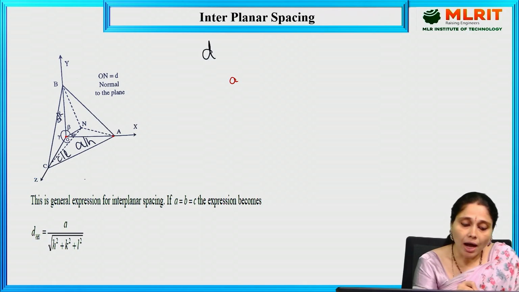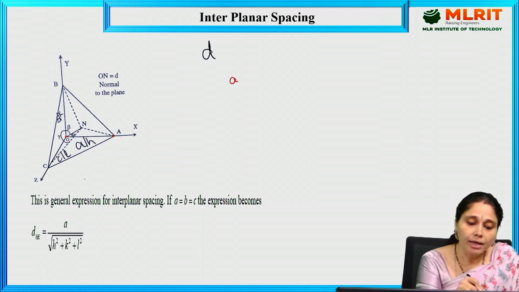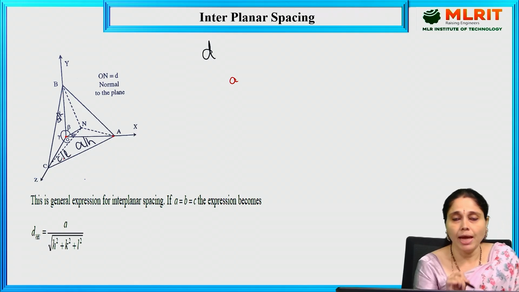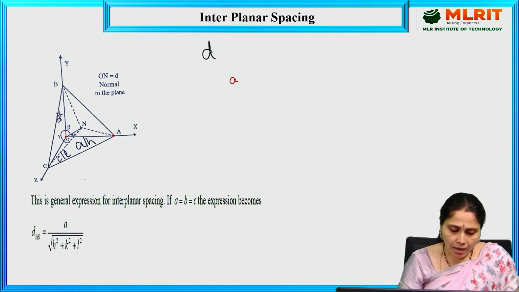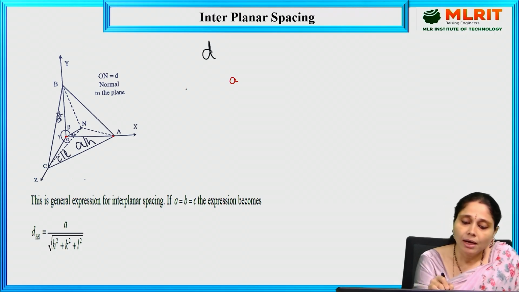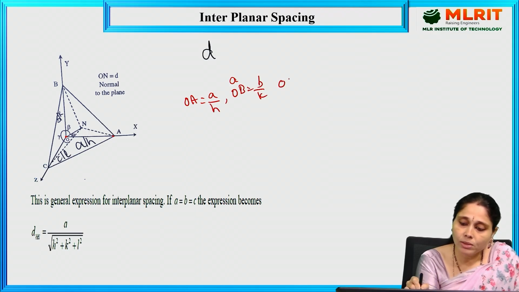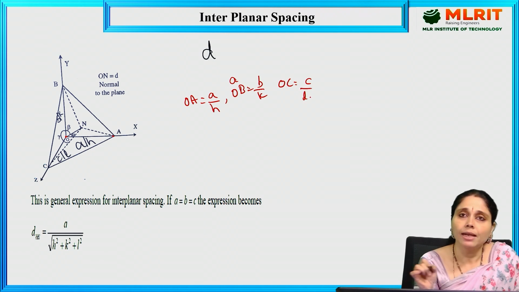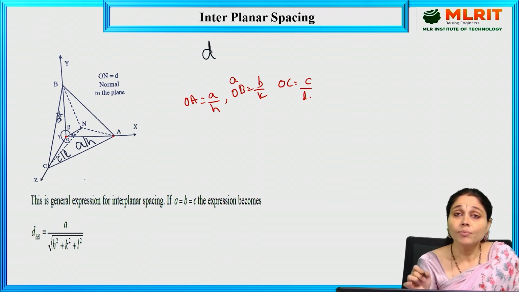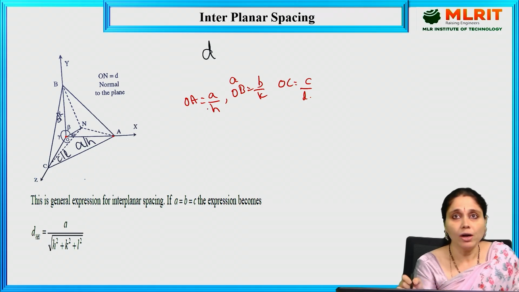So, from O to A we are going to consider A by H, O to B, B by K and O to C as C by L. So OA is equal to A by H, OB is equal to B by K and OC is equal to C by L. These are the Miller indices representation with the OA, OB and OC.